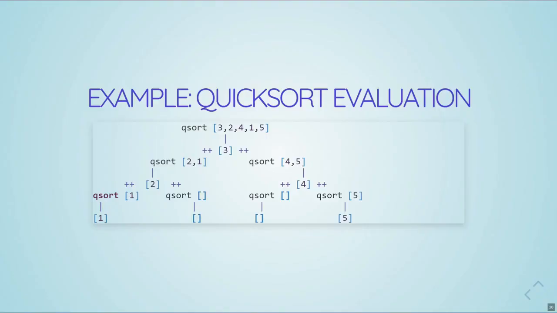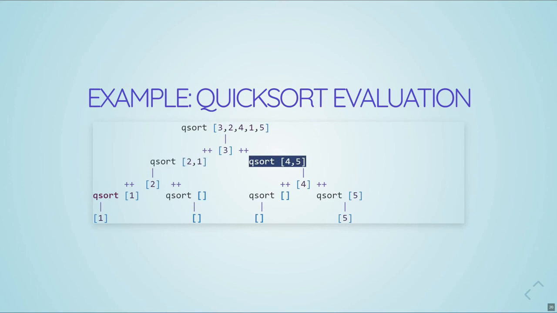It's a little bit difficult to examine the evaluation of quicksort, but the way I like to look at it is to break it down into a tree form. When you call quicksort, it takes the first element here and then calls quicksort twice again, on either side: everything that's smaller than the first element on this side and everything that's bigger than the first element on this side.